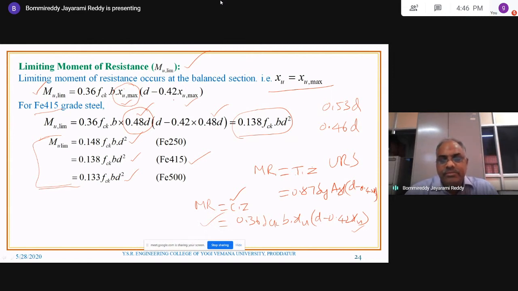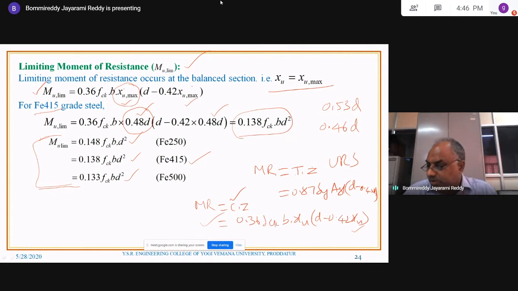Don't think that more reinforcement in a member will always increase it. No, it is not. Up to the balanced section only, the steel reinforcement will increase the moment carrying capacity. Afterwards, it is constant.